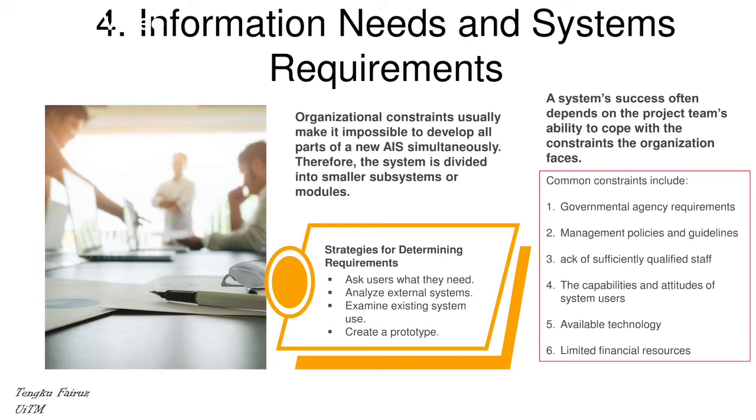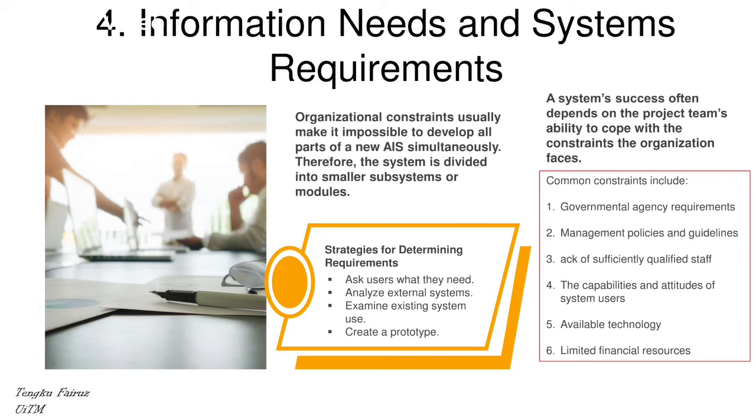Then constraints in terms of management policy and guidelines, and lack of sufficiently qualified staff. They don't have staff with the skills or qualifications. Also the capabilities and attitudes of the system users, available technology, and limitations on financial resources.